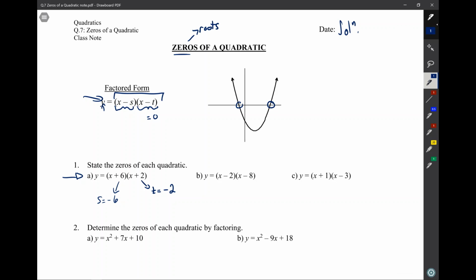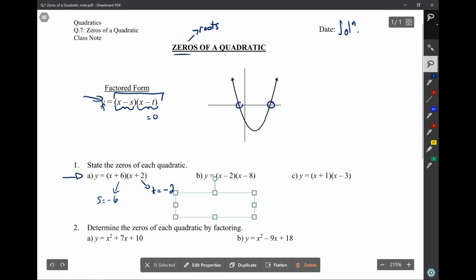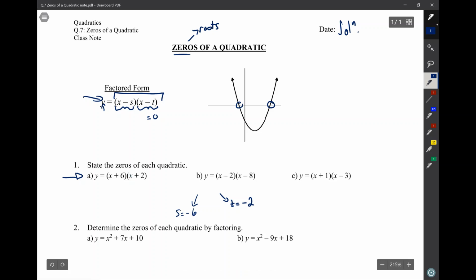We can see right away, if we were to set x in this equation equal to, say, -6, I'd have -6 plus 6 and -6 plus 2.